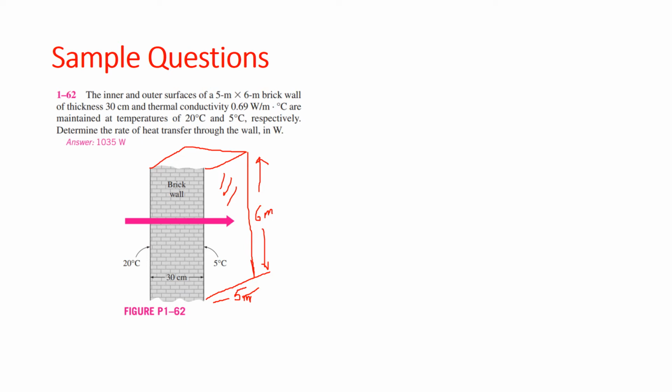So let's write down what is given. What are the given items? We have the area. Area is equal to 5 meter multiplied by 6 meter, which is equal to 30 meter square.